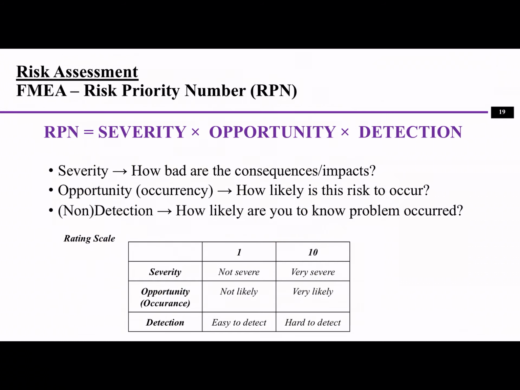So this is the calculation of the RPN, and you can give a rating. Typically, the rating scales are from 1 to 10. It's not only two numbers, right? It can be 2, 3, 4, 9, or 10, depending on the level of the rating here.